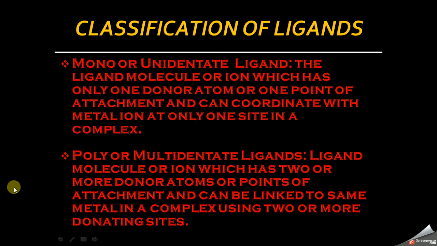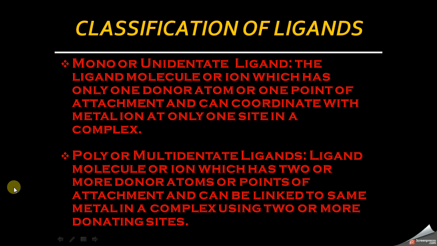The molecules or ions which are coordinated to the metal atom or ion in a coordination compound are called ligands or donor groups. Ligand is from a Latin word, ligare, which means to bind. In the previous example, [Cu(NH3)4]2+, NH3, that is ammonia, is a ligand. It is a donor group.